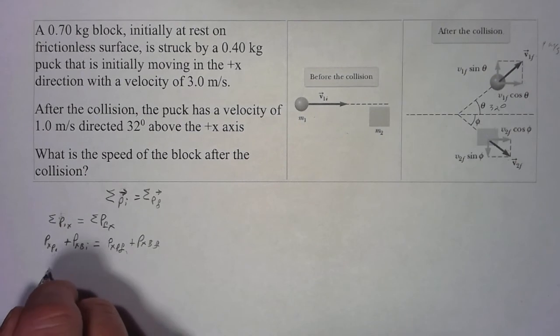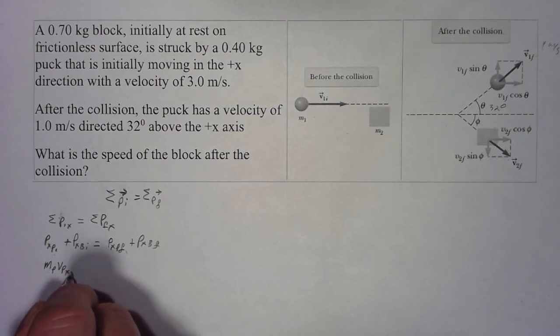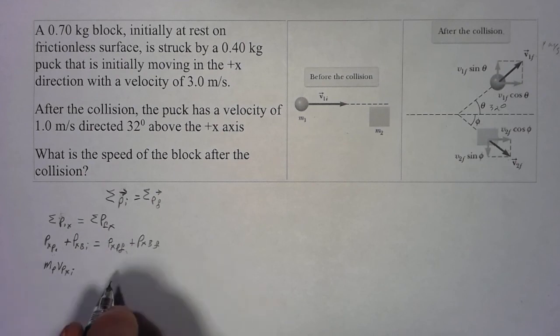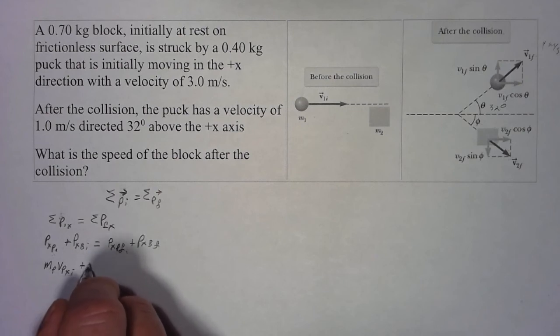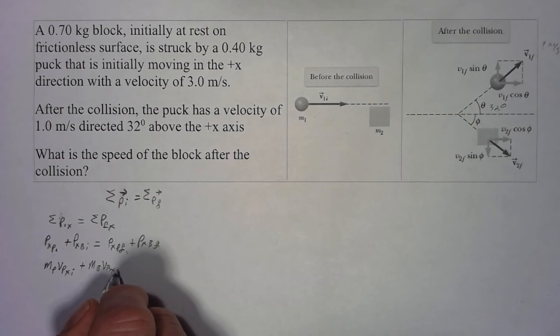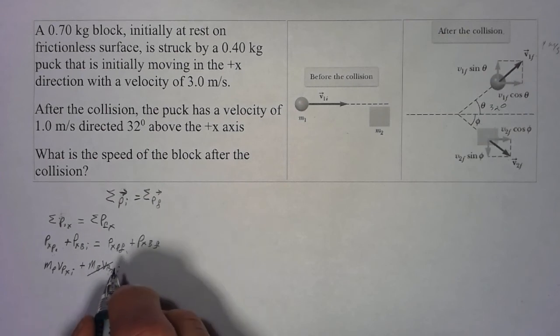Now momentum is mass times velocity, so this would be the mass of the puck times the velocity of the puck in the x direction initially. We'll get to the numbers in a second, but let's make sure we do all this symbolically, to make sure we have things right. That would be added to the mass of the block times the velocity of the block in the x direction initially, which is 0 because that velocity is 0.